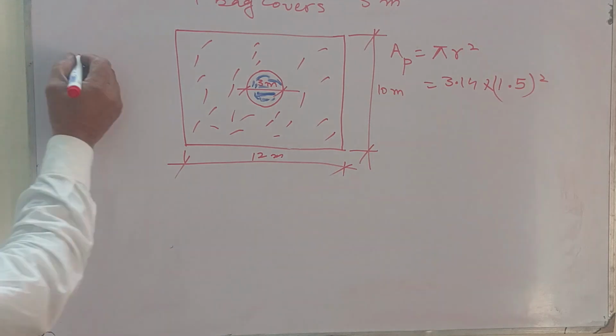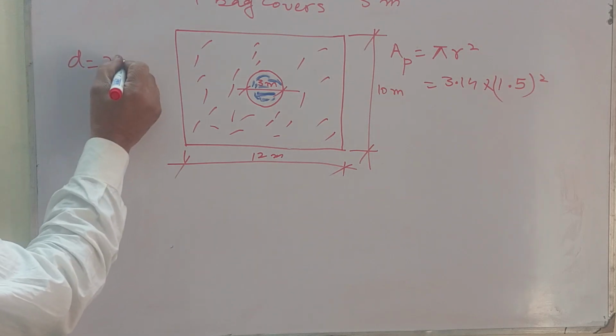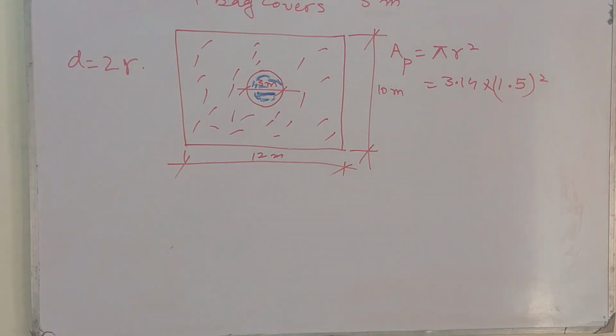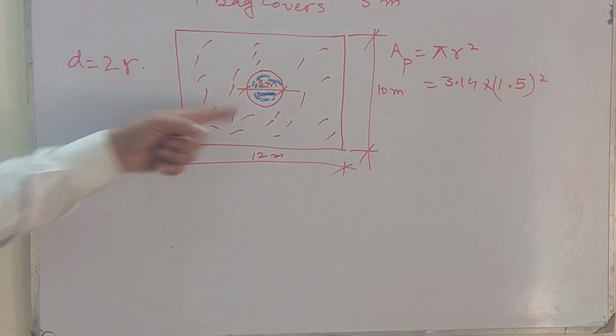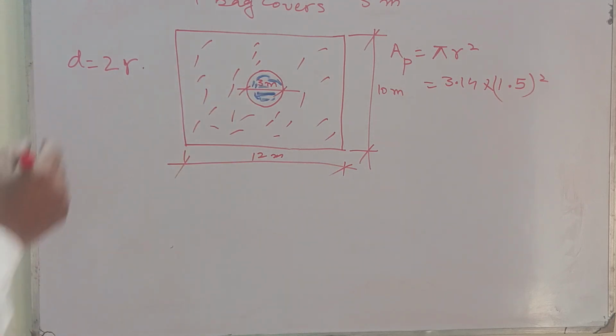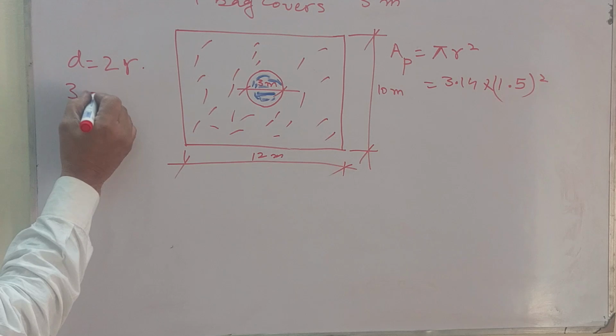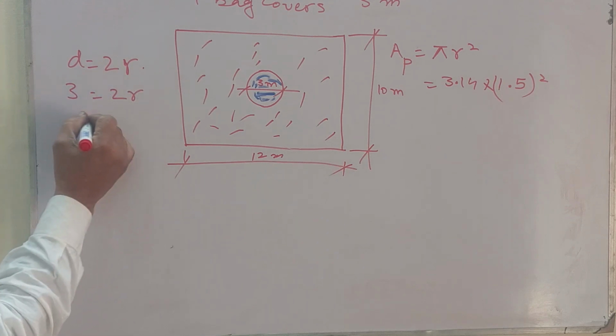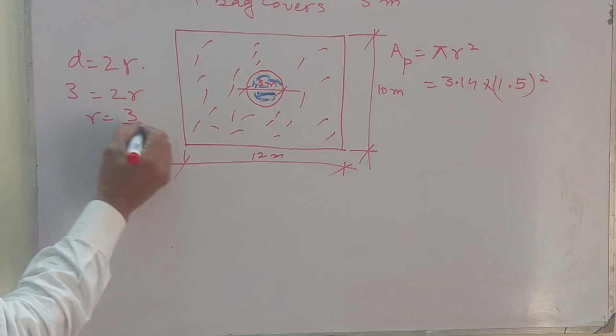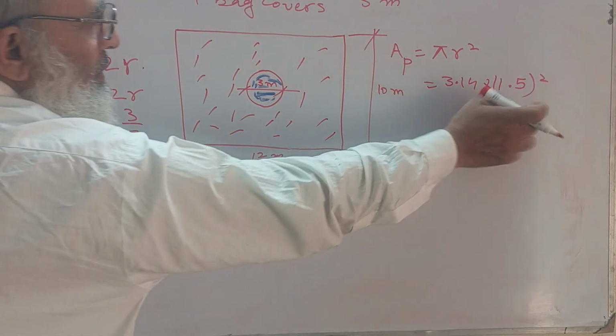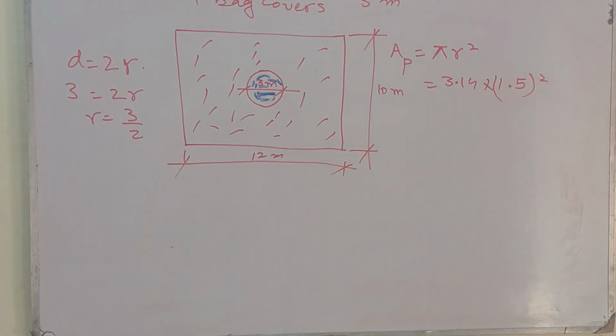You must know it: d is equal to 2r in a circle. So if d is 3 and it is equal to 2r, then r is equal to 3 upon 2, which is 1.5.